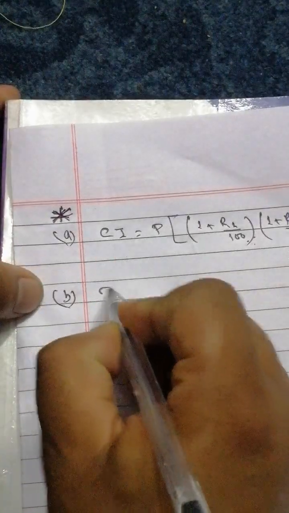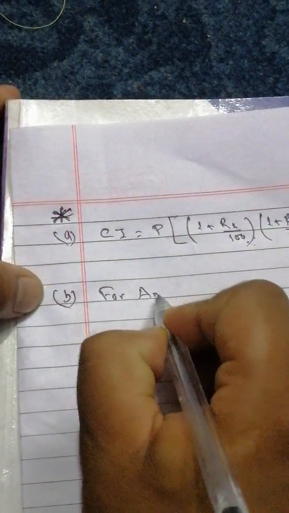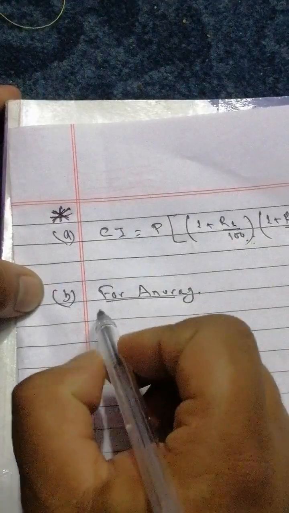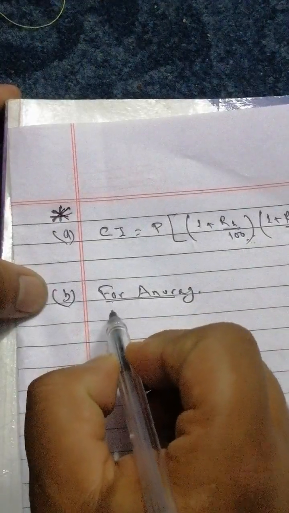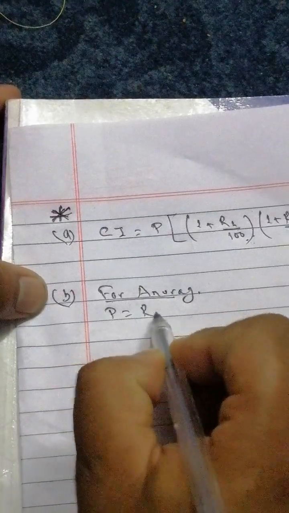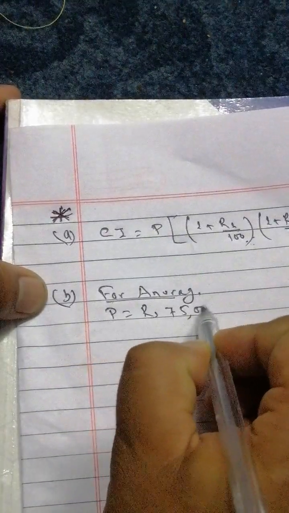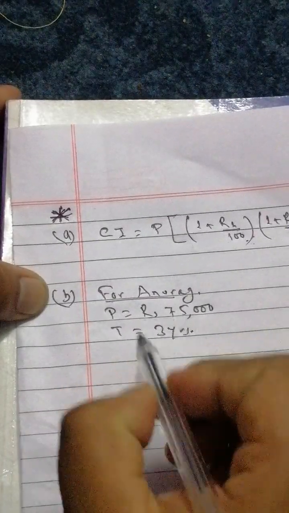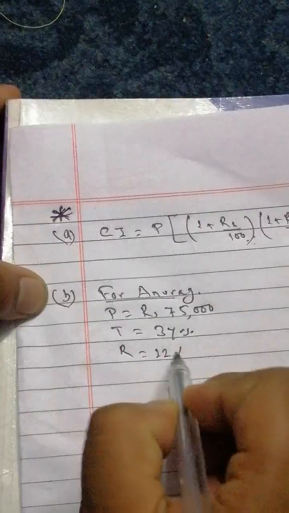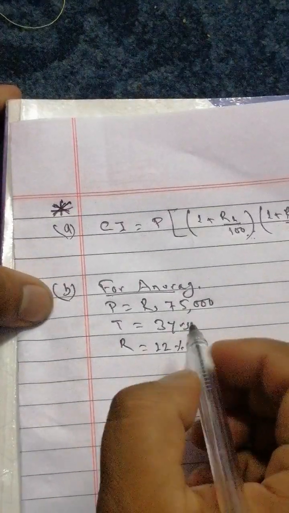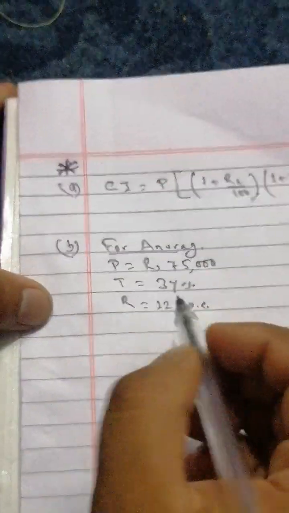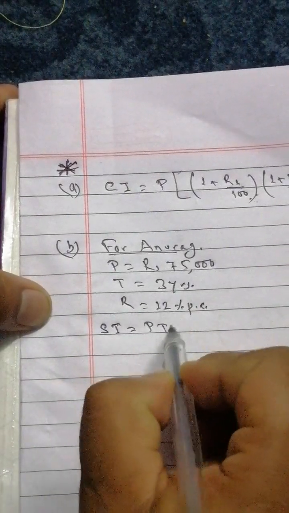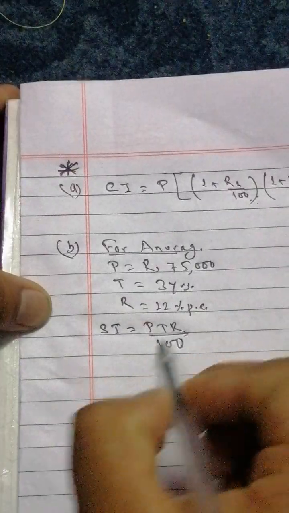Next question is, calculate the interest received by Agrata and Anurag. So for Anurag, as the question says, the investment for both the person are same, that is P is equals to rupees 75,000, time is equals to 3 years, rate is equals to 12% per annum. This is simple interest. Anurag is paying simple interest. So for Anurag, SI is equals to PTR by 100.